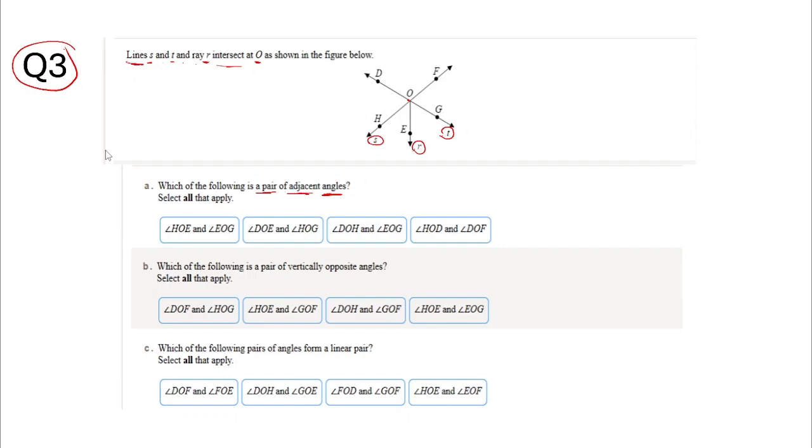Before we start answering these questions, let's see what an angle is. The angle is formed by two rays having the same endpoint. So if I have ray number 1 and another ray with the same endpoint, the angle is formed here.